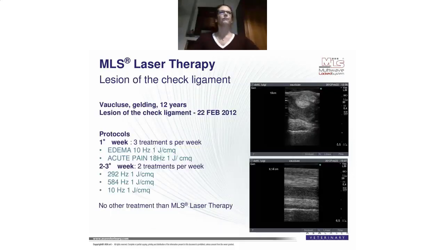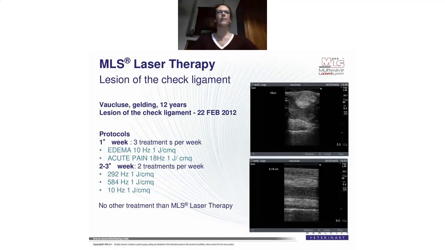So we go through an example of a lesion of the check ligament. This was a very big lesion. Again, the first week in the very acute phase, I treated 3 times a week with edema and acute pain. And the second, third week with the 292, 584, and 10 Hertz, 1 joule per square centimeter.